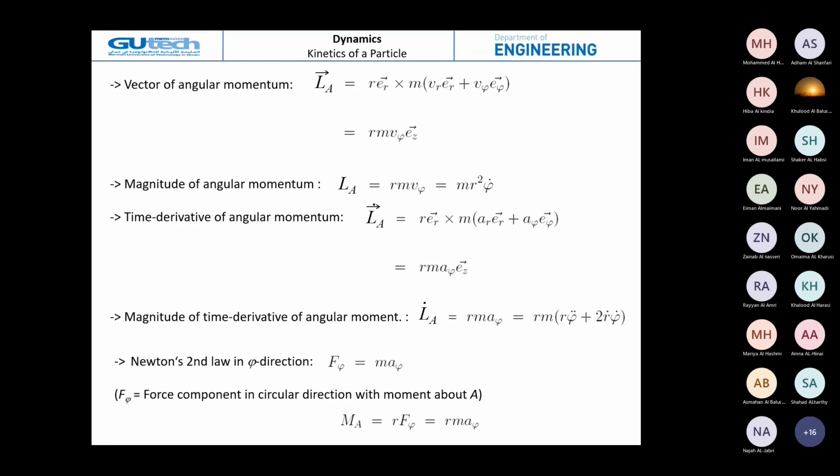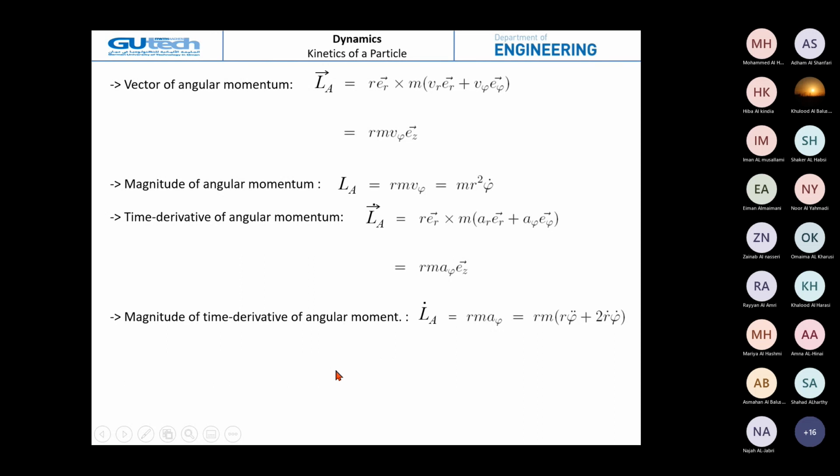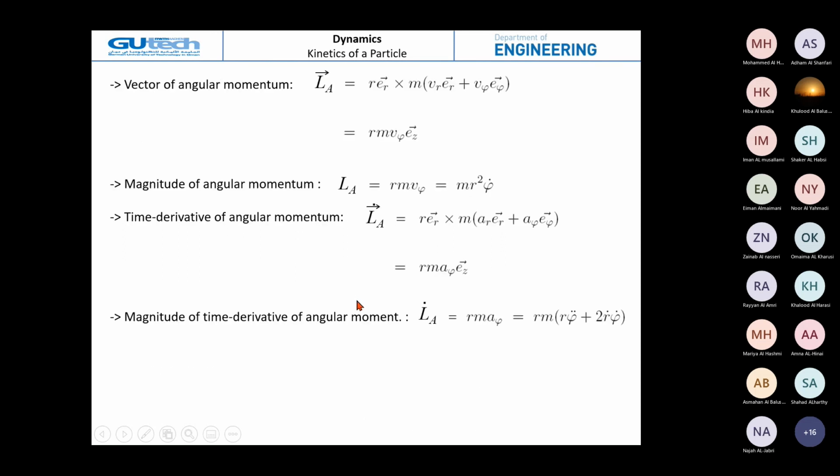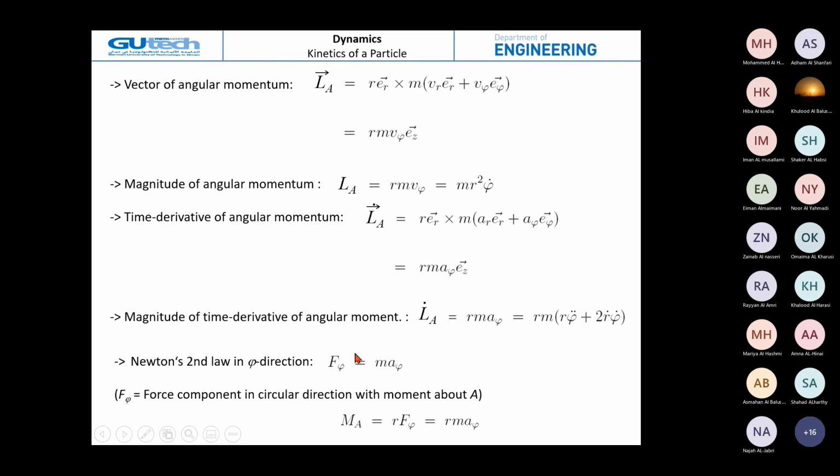Then we have Newton's second law in the phi direction. We have F_phi, which is given by this component along the phi direction. Then we have m a_phi, and a_phi is given by this expression here.